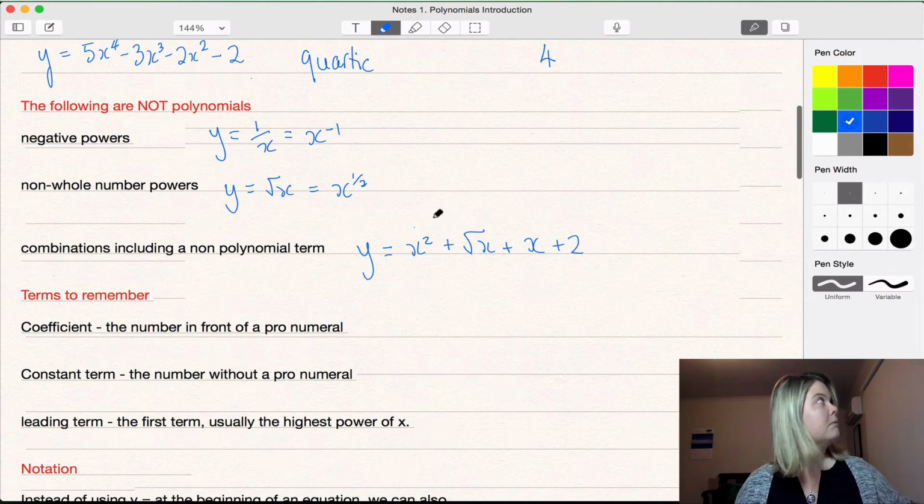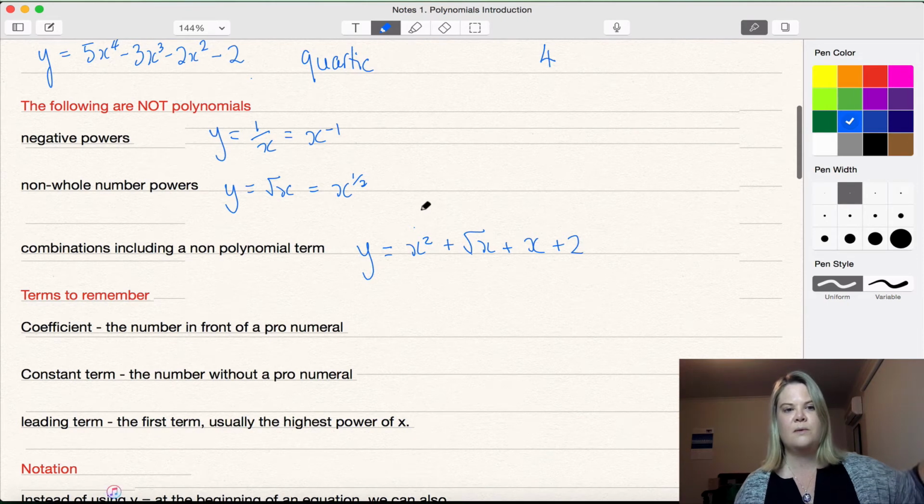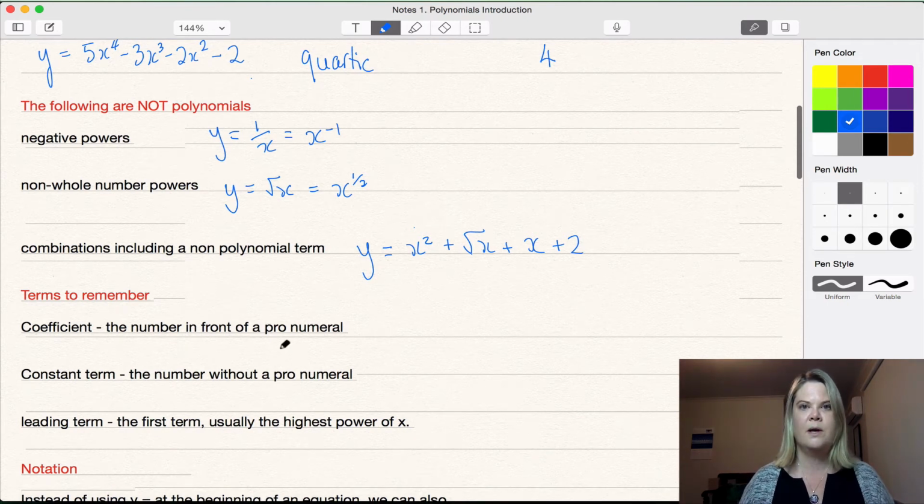Some terms that we need to remember when we're talking about polynomials. The first one is coefficient, and you remember this from previous work. It's the number in front of a pronumeral. So let's put up an example here.